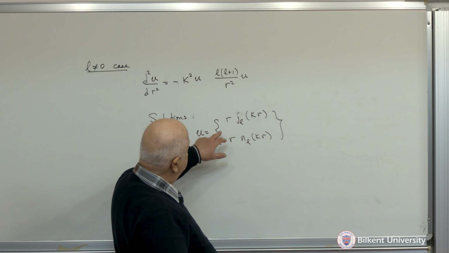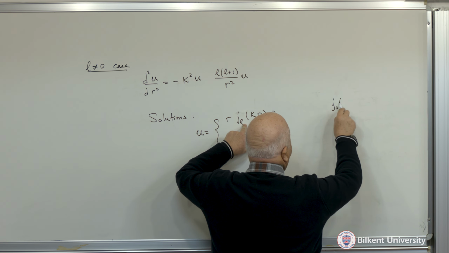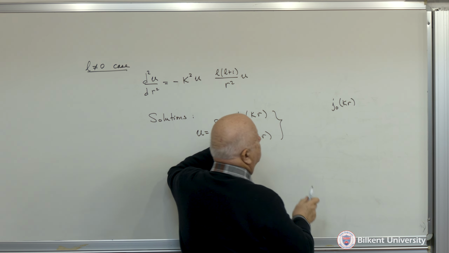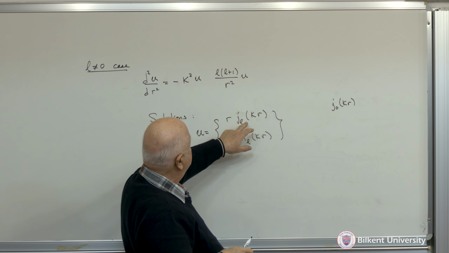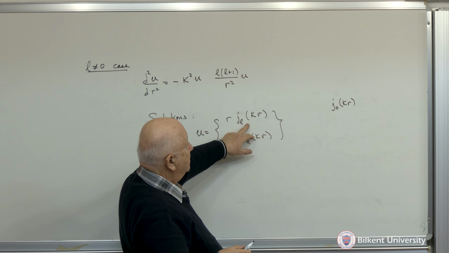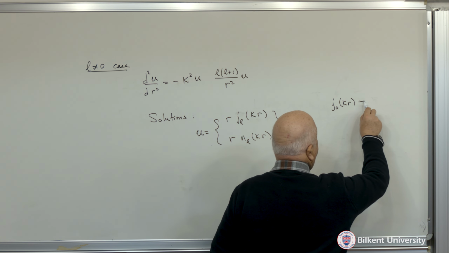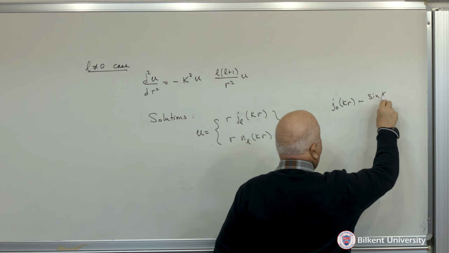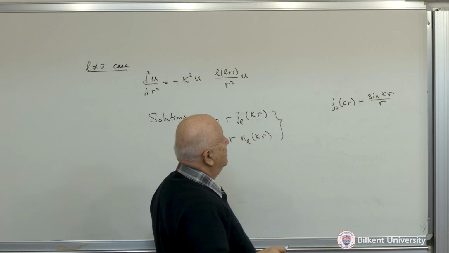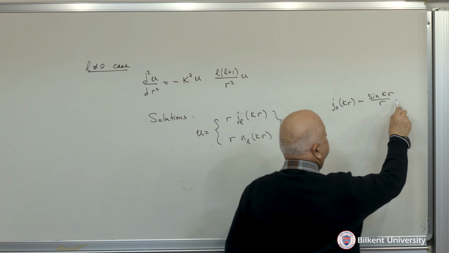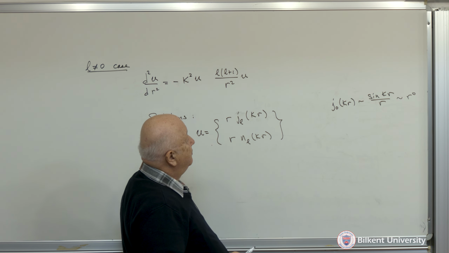So J0 of KR, you can see what that is, because R times J L is going to give me sine KR, so this is proportional to sine KR over R. And you see for small r, it goes like a constant.